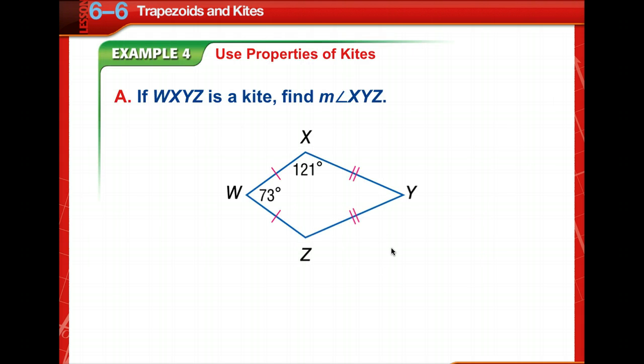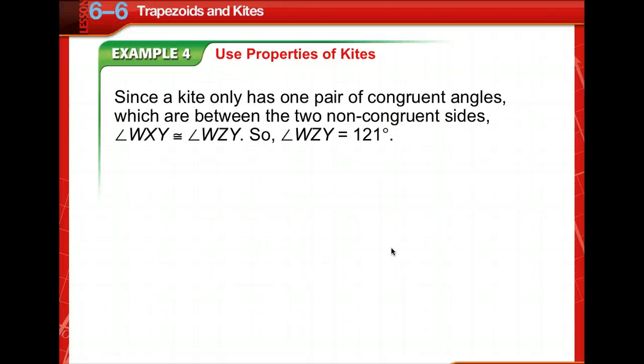So let's use the properties of kites to find the measure of angle XYZ. Since the kite only has 1 pair of congruent angles, and those are the angles that are between the non-congruent sides, we know that WXY is congruent to WZY.